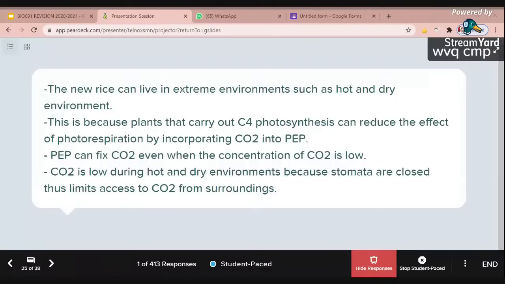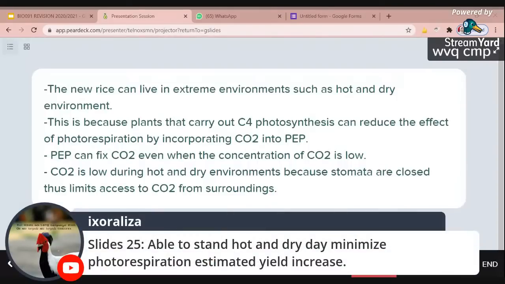Okay, the rest dah ditulis lah, boleh fix CO2. Right, ni lah jawapan lain yang you boleh berikan. Able to stand hot and dry day. Minimize photorespiration, estimated yield increase.